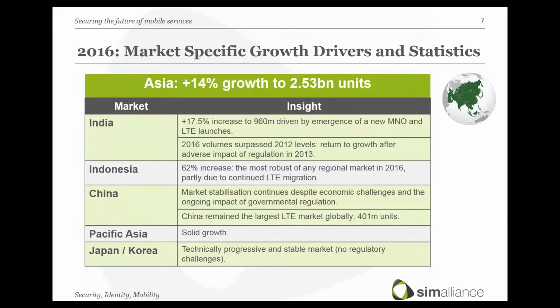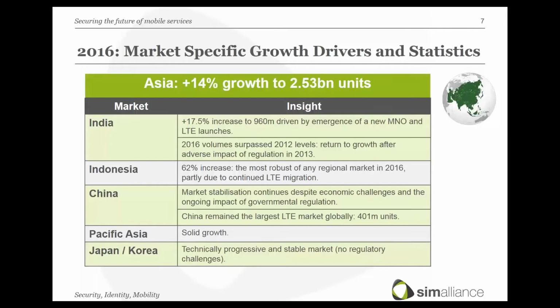this region. China, definitely one of the problem children still, but doing well, doing better. Again, stabilization is coming. And you see this with these 401 million units for the LTE market. It's an extremely positive number. And I can tell you that this is also making up for the majority of cards that have been shipped in this country.